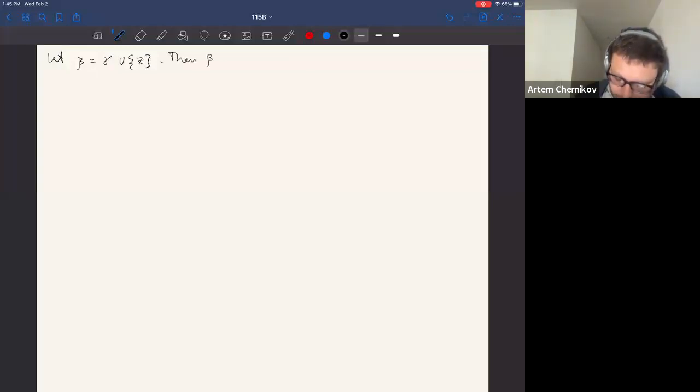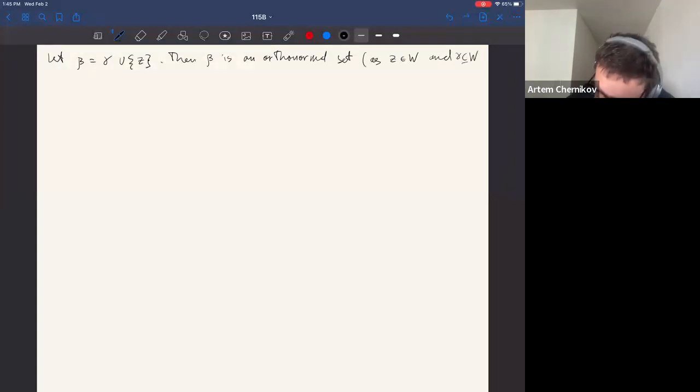So beta is an orthonormal set, because remember, Z belongs to W, and gamma is a subset of W perp. So it means that Z is orthogonal to gamma. And gamma is orthogonal. So we conclude that beta is orthogonal. And we also chose Z to be a unit vector.